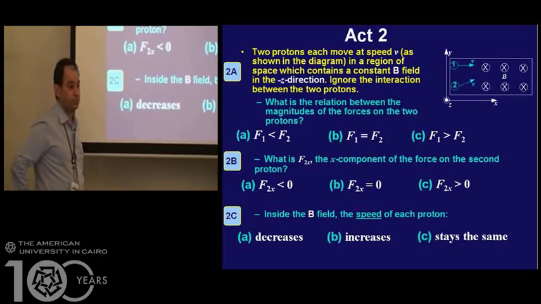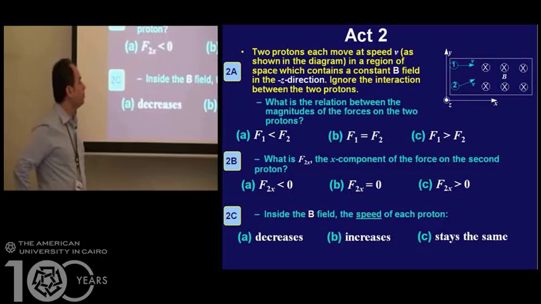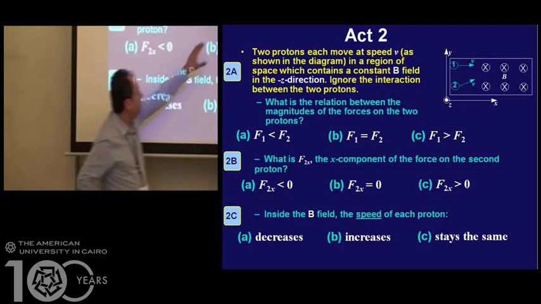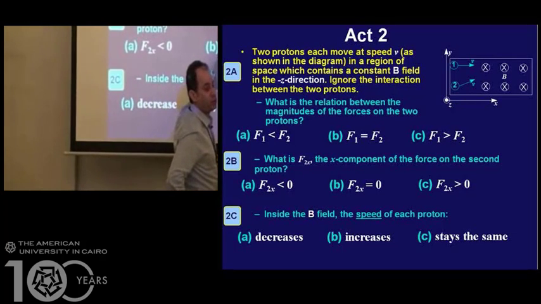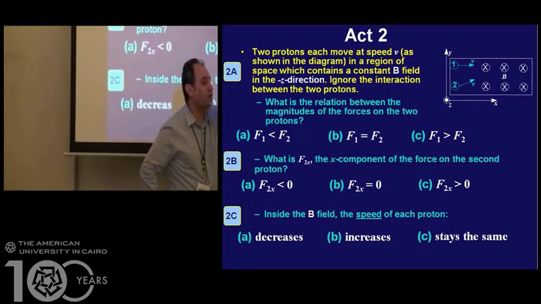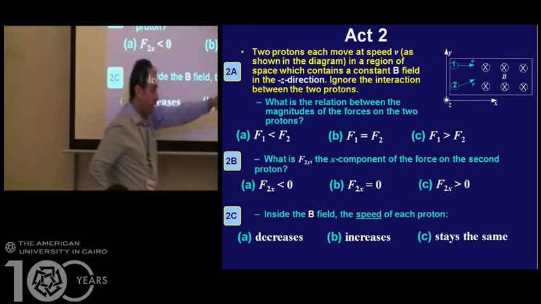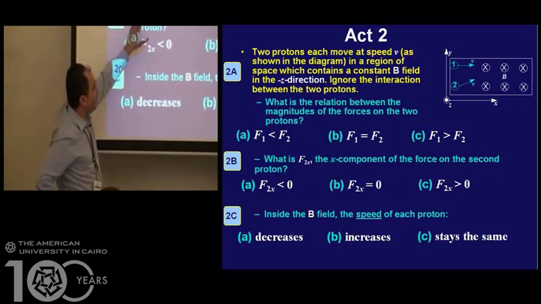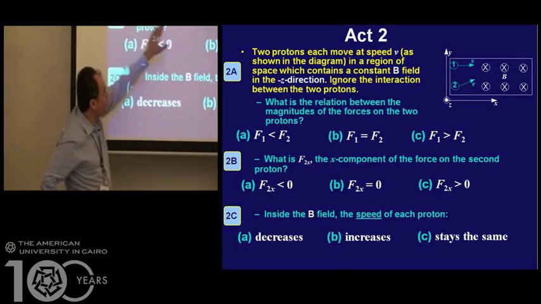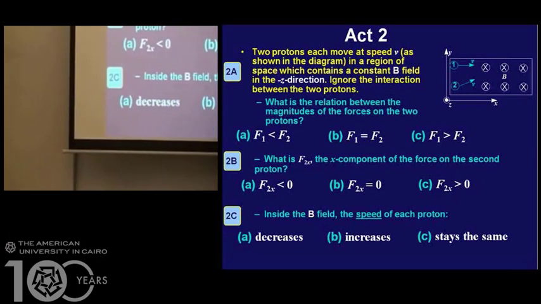Actually, it's saying F1 equals F2. Wait, we'll open the discussion later. Let's just get the answers, then we'll open the rest of the discussion. Asad is saying F1 equals F2, and Abdullah is saying F1 is going to be more than F2, right? That's what you said, yeah?